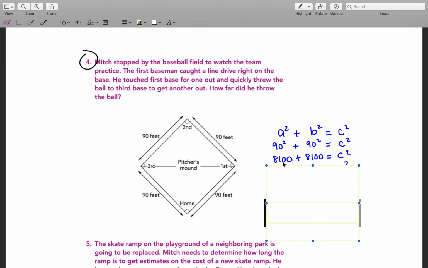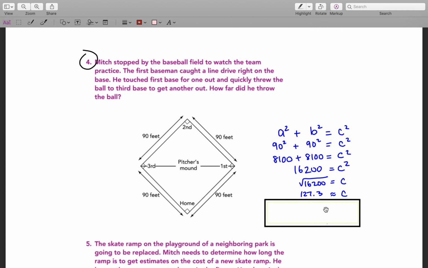So you add these two up, you get 16,200 is equal to C squared. So to get C by itself, you would just have to take the square root, and you would get 127.3 as your answer. Okay. So Mitch threw the ball about 127.3 feet.